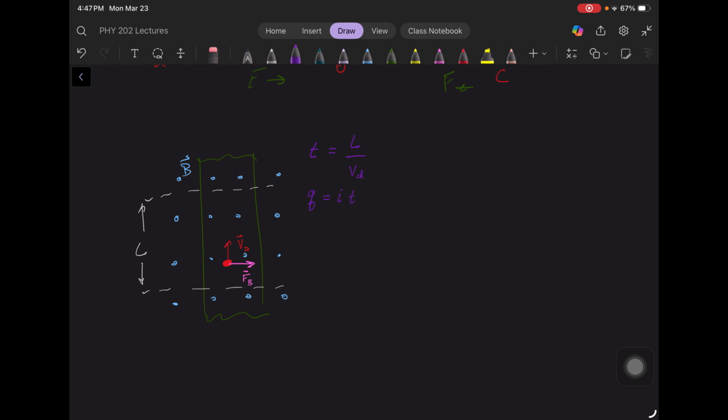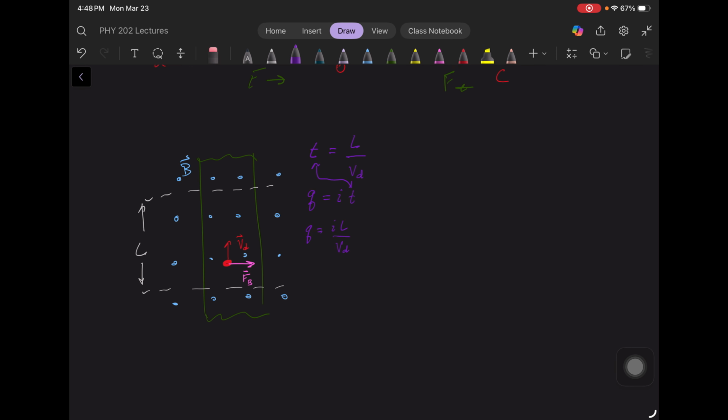If you have amps, which is coulombs per second, times an amount of time, you get the total amount of charge. And so we can combine these two, and we get Q is equal to IL over our drift velocity. We'll make this a lowercase d so everything's consistent.